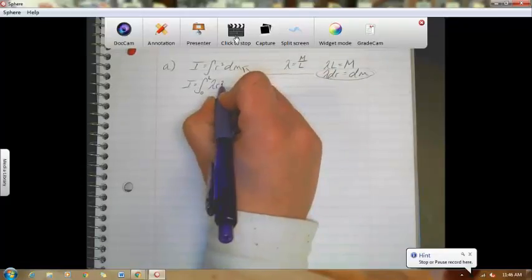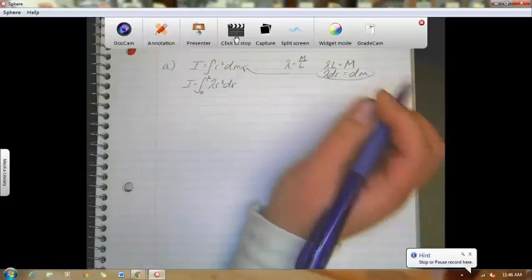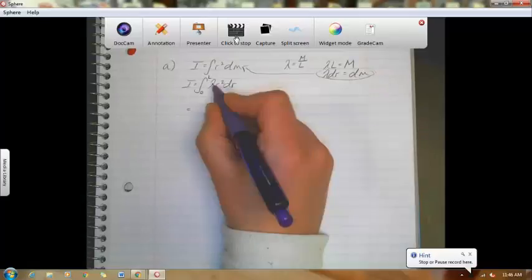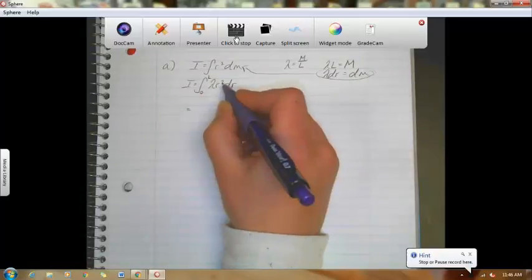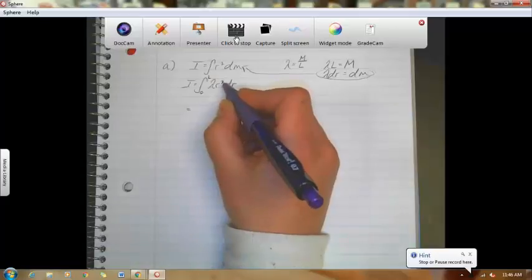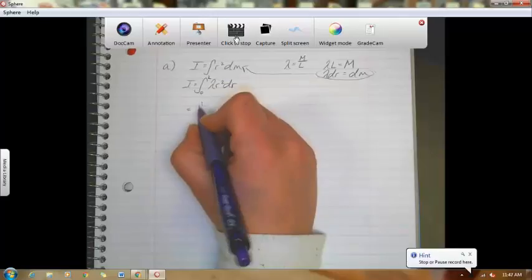Lambda is a constant, so we don't have to worry about that. We raise the power of r and put it under, so 1/3 times lambda r cubed, evaluated from 0 to L.